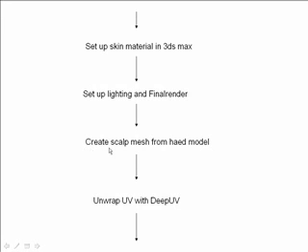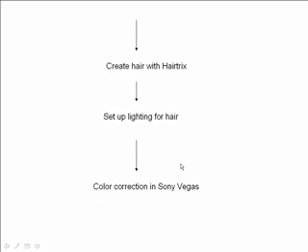Let's create a sculpt mesh from the hand base model and unwrap the UVW with Deep UV, and create a map to control the distribution of your hair, and use this map to create hair with Hairtrix. This is another 3ds Max third-party plugin. And set up lighting for the hair, do a final render, and finally use SONY Vegas to do the color correction of the final result.